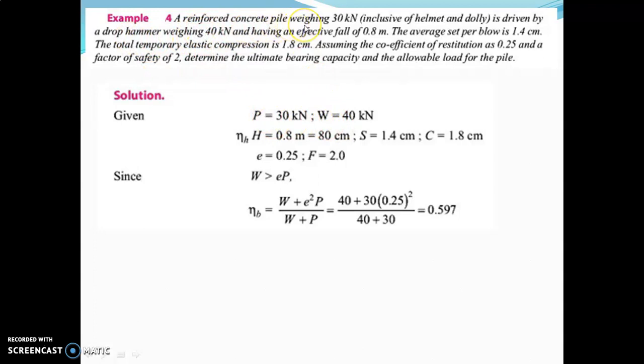This is efficiency eta h into h, that is equal to 0.8 meter, effective fall of 0.8 meter or equal to 80 centimeter, and s is equal to 1.4 centimeter, average set per blow, and c, that is elastic compression, is equal to 1.8 centimeter. Then small e, that is equal to 0.25, the coefficient of restitution, and factor of safety F is equal to 2.